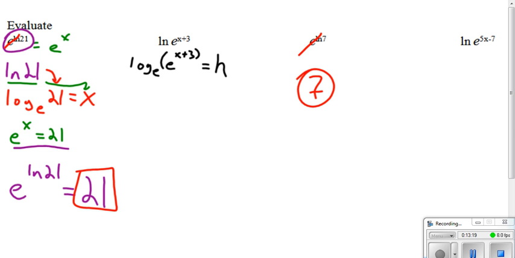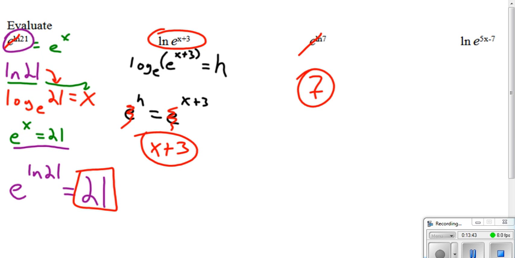So if we write it in this form, what that's saying is e to the h power equals e to the x plus 3. Well, notice how we have the same base in each time. It's e. So we can just get rid of that and say that h equals x plus 3. So if h equals x plus 3, then this whole value here just equals x plus 3. So again, it's just like canceling out the ln with that e.